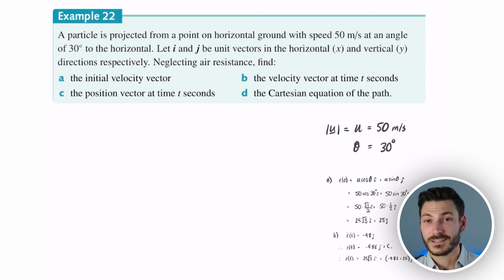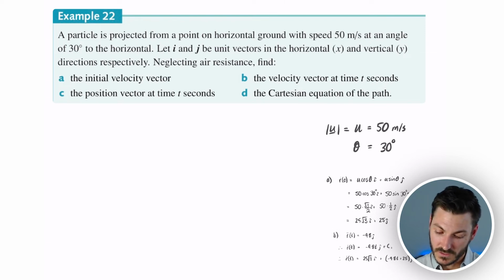Nice one. Thirdly, it wants the position vector, so rinse and repeat. I've just got to double check where it's launched from. It's projected from horizontal ground, with this speed and this angle, but it doesn't actually tell us that it starts from the origin, though we can probably go ahead and assume it does.